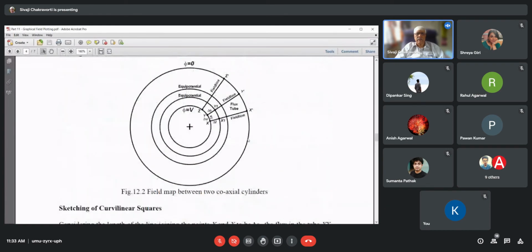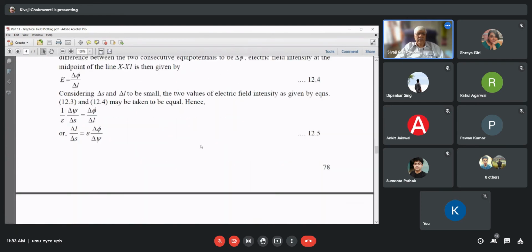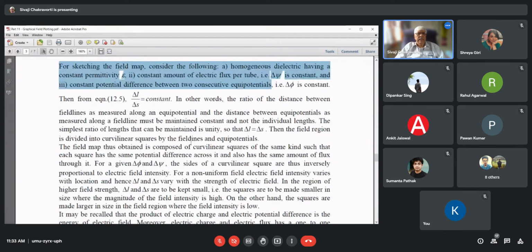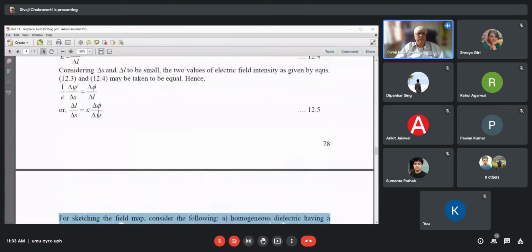Here you can see phi is equal to V at the electrode, then one equipotential, one circle, another equipotential, another circle, and the potential difference between two consecutive equipotentials, we are saying, we are keeping the same. If del phi and del psi are constants, epsilon is also constant.